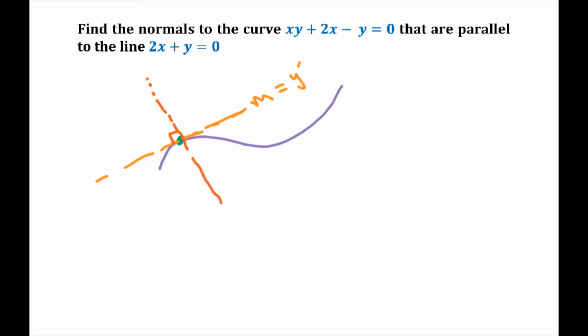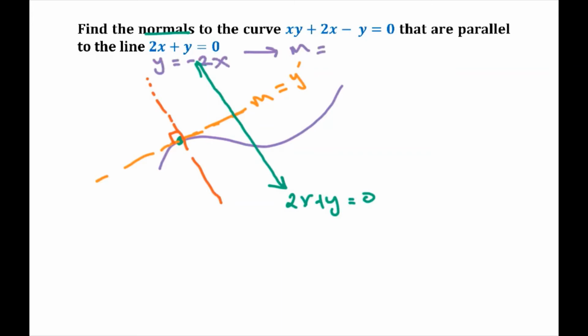Now, the question is saying if there is a line 2x plus y equal to 0, and this line is parallel to the normal. So if I know that the slope of this line is basically y equal negative 2x, so the slope is negative 2.